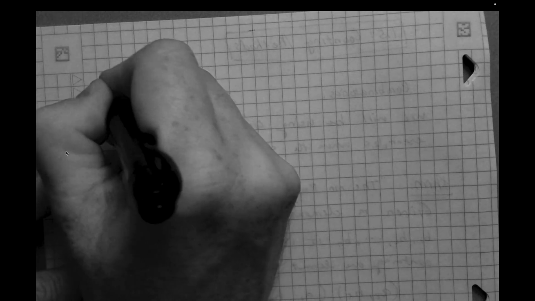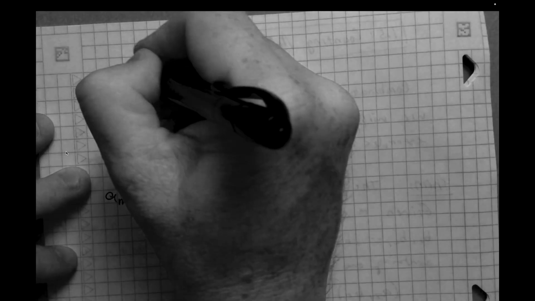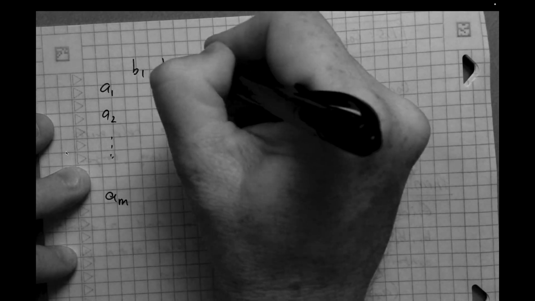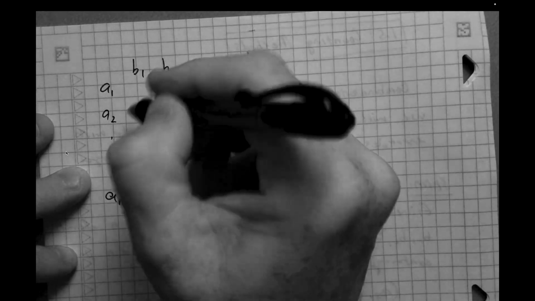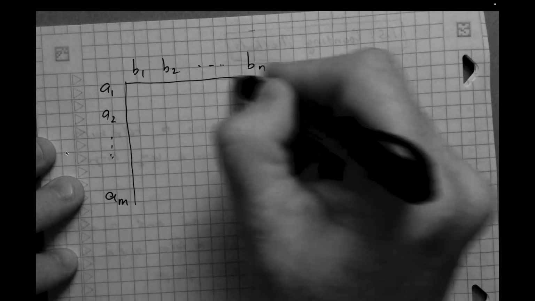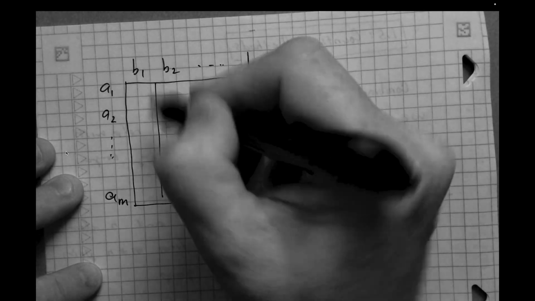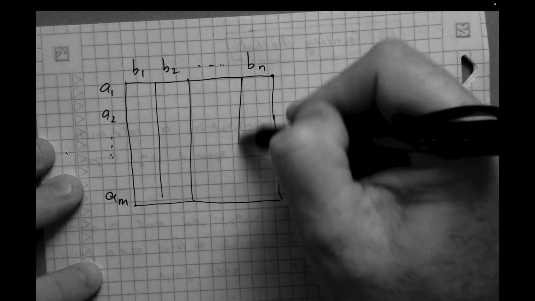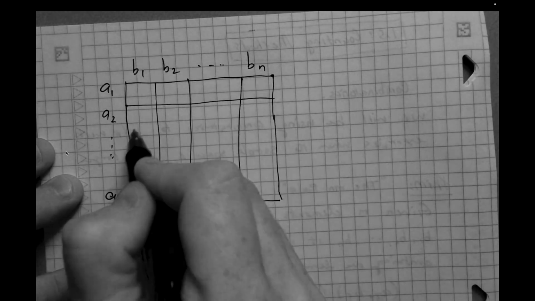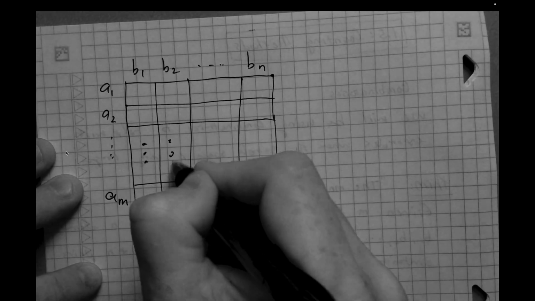So the proof would be like A1, A2, dot dot dot, AM, and then B1, B2, dot dot dot, BN. You can think of it as a grid, and all of the entries of the grid are going to represent pairings. So we've got a lot of dot dot dots here.